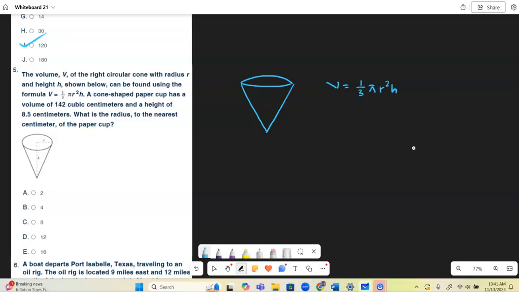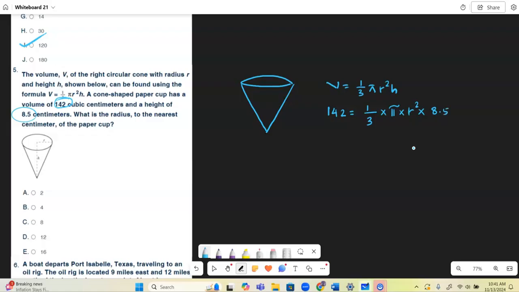A cone-shaped paper cup has a volume. The volume is given as 142 cubic centimeters. So you can replace V with 142, and the height is given as 8.5. So replace the height in this expression: 1/3 times pi times r square times 8.5.